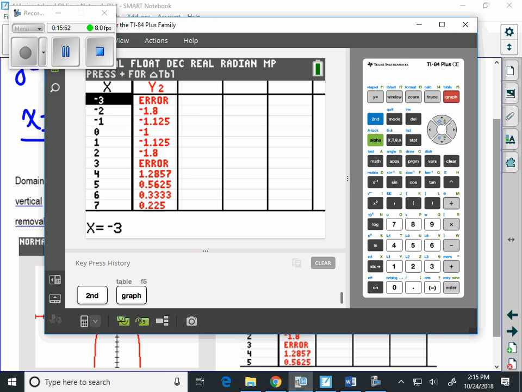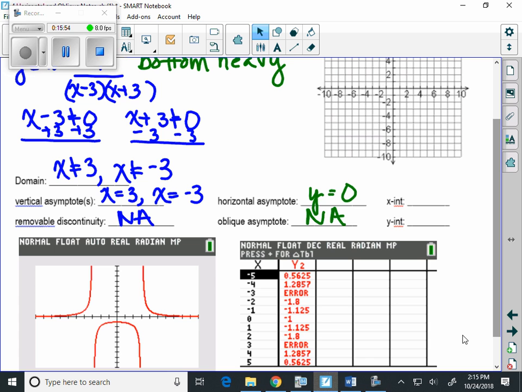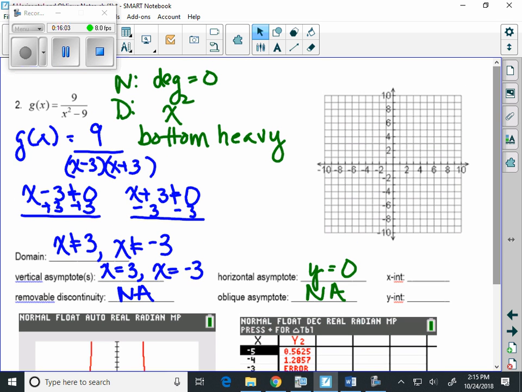When we go back and look at our problem, look what we have here. We've got vertical asymptotes at those points. I should have put them in earlier, but we'll put them in now. -3 and +3.